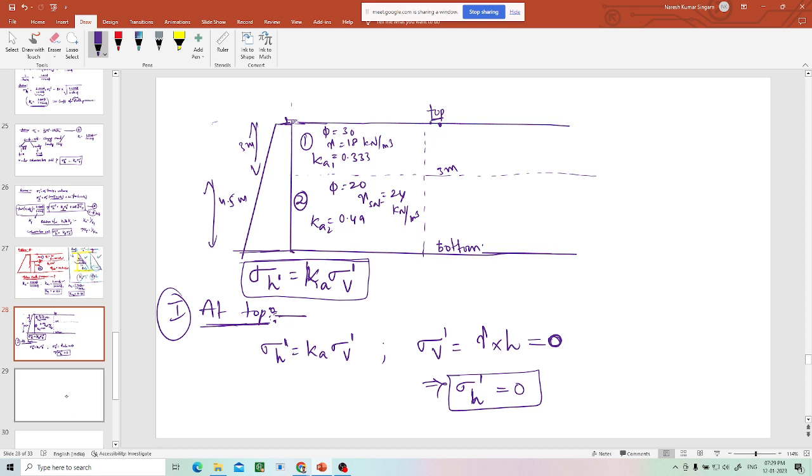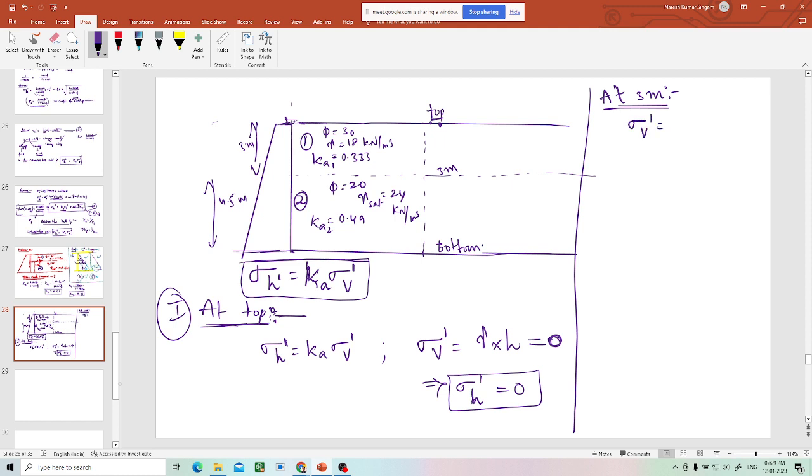Then next we'll shift to 3 meters. At 3 meters, there are two things. First let me calculate what is sigma v dash at 3 meters.